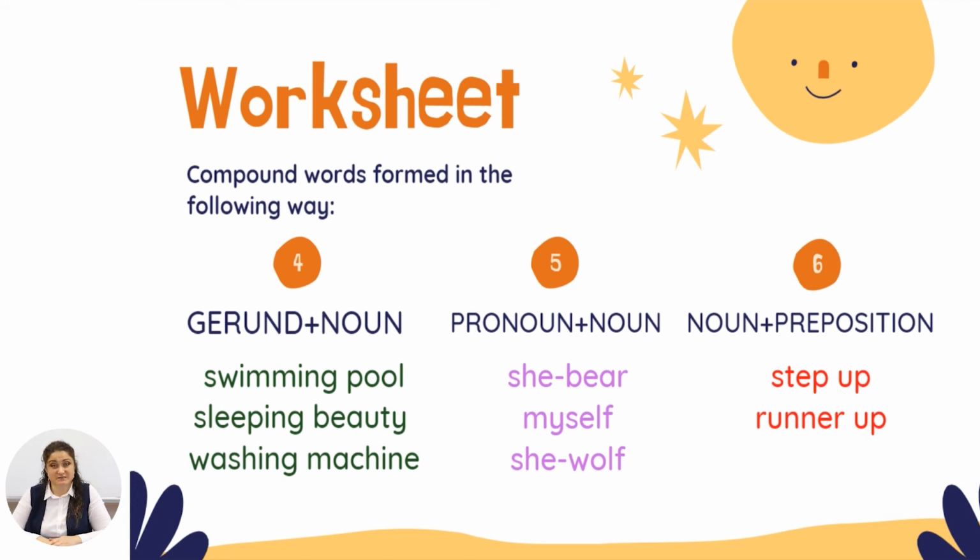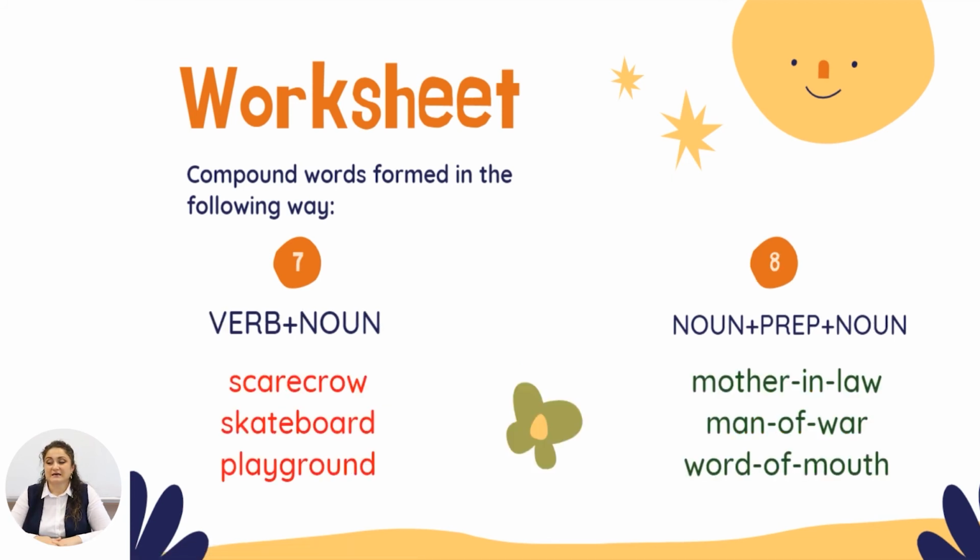Number 6, noun plus preposition. Step up, runner up. So prepositions are those small parts of speech that are used to show us the location, the time, place, surface, and so on. The 7th way is verb plus noun, like in scarecrow, skateboard, playground.